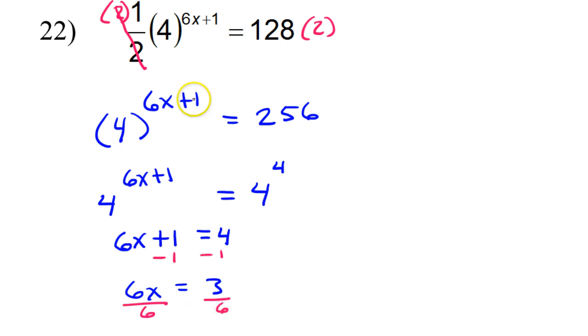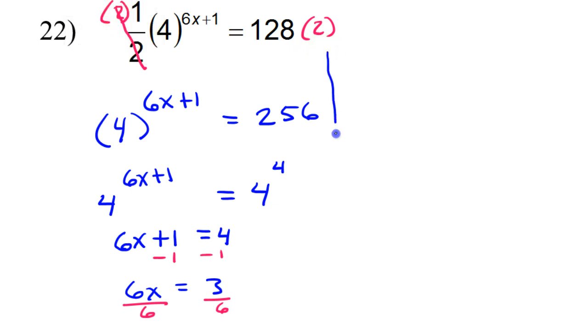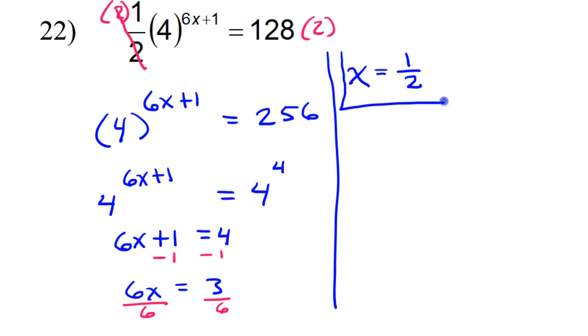Even though it's a bigger number, so it makes you feel all weird inside, too bad. Deal with it. So this is going to give us x is equal to 3 over 6, which reduces down to 1/2. Okay, so that's it for number 22.